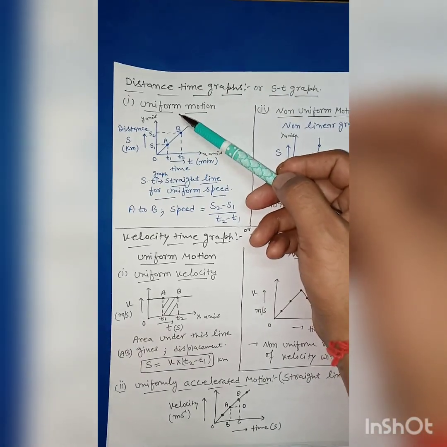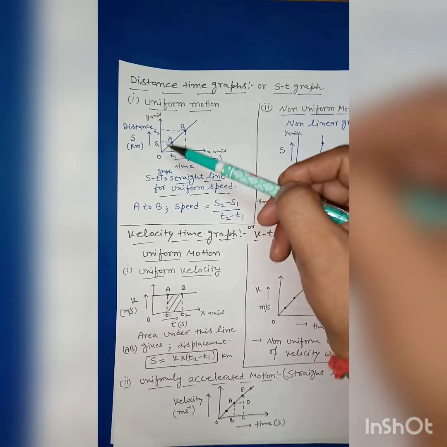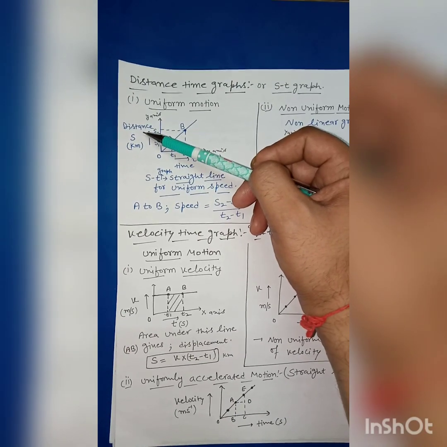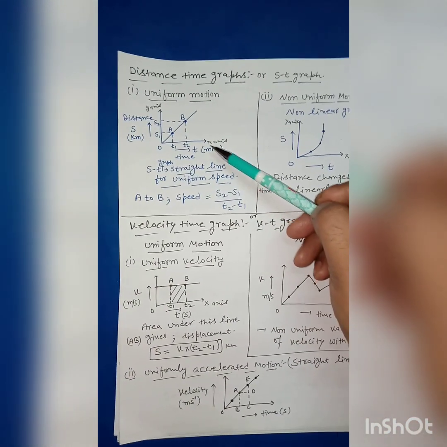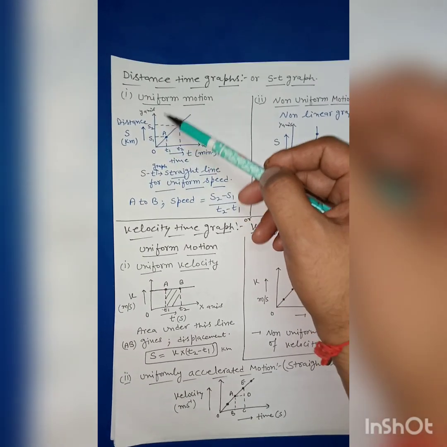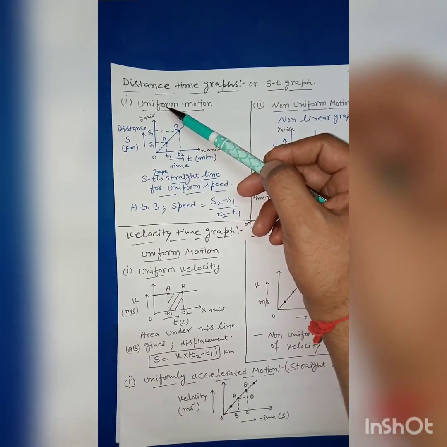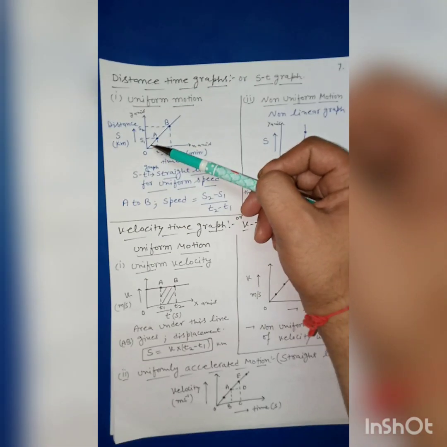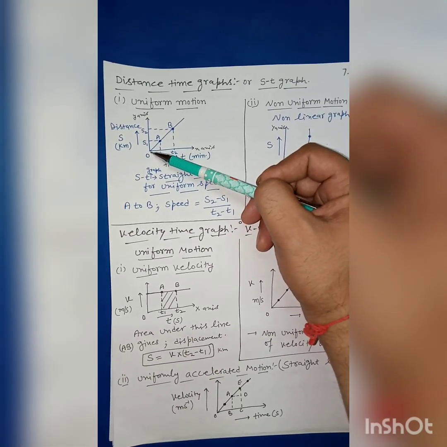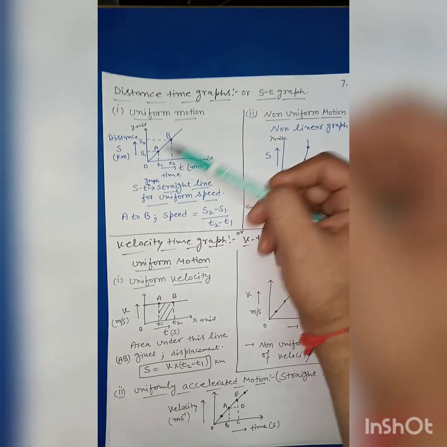For uniform motion, this is the x-axis and y-axis. On the x-axis is time, in minutes, and on the y-axis is distance in kilometers. Because it is uniform motion, there will be a straight line.